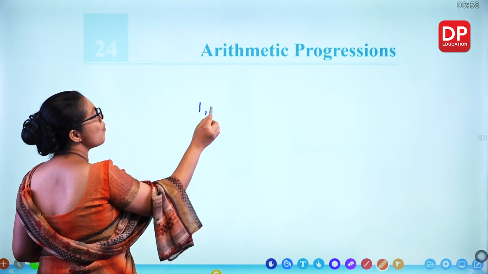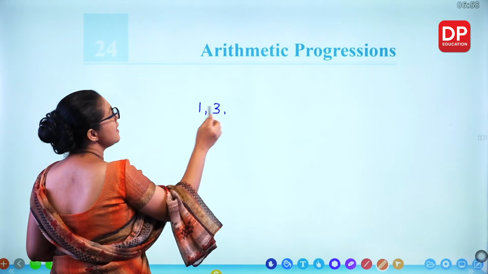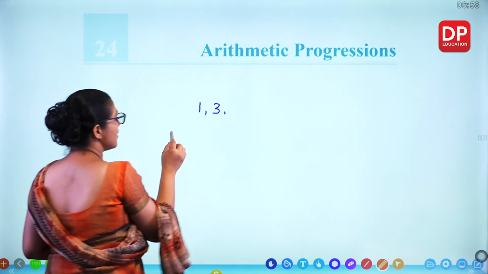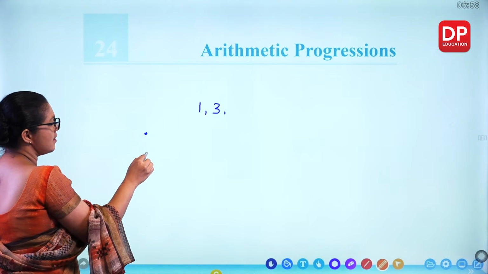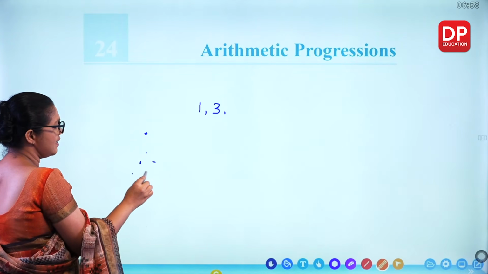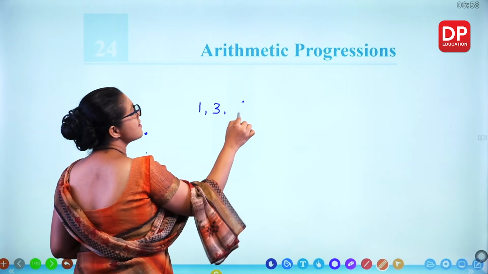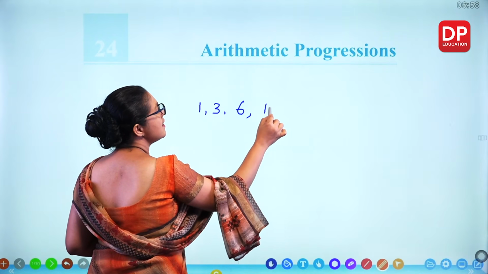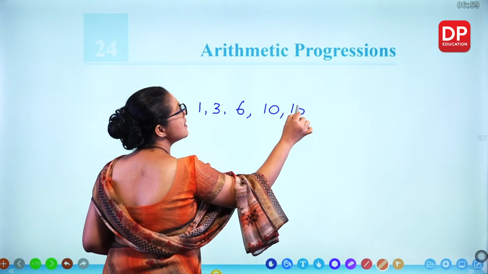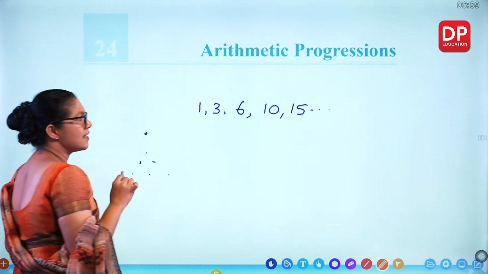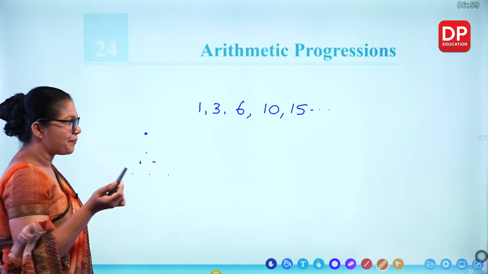Triangular numbers: 1, 3, 6, 10, 15. There's a pattern here.